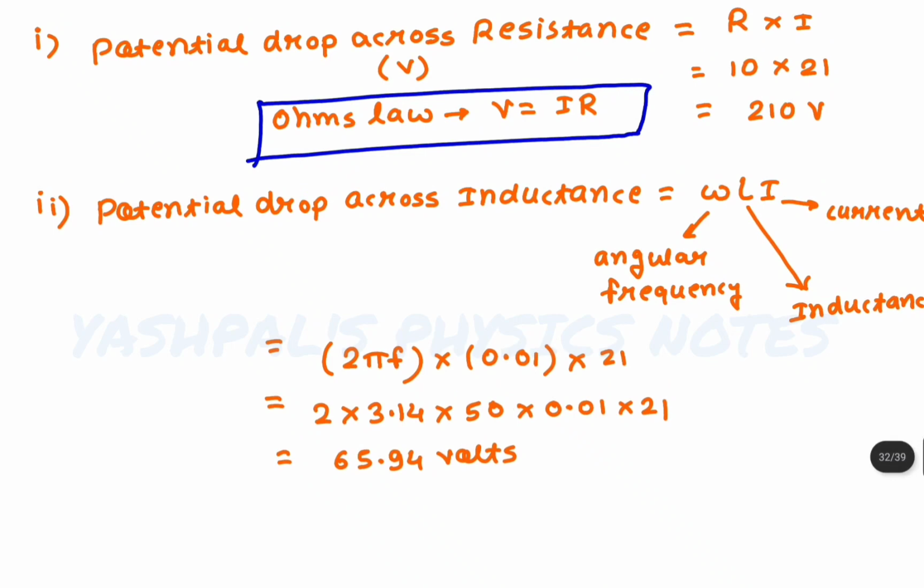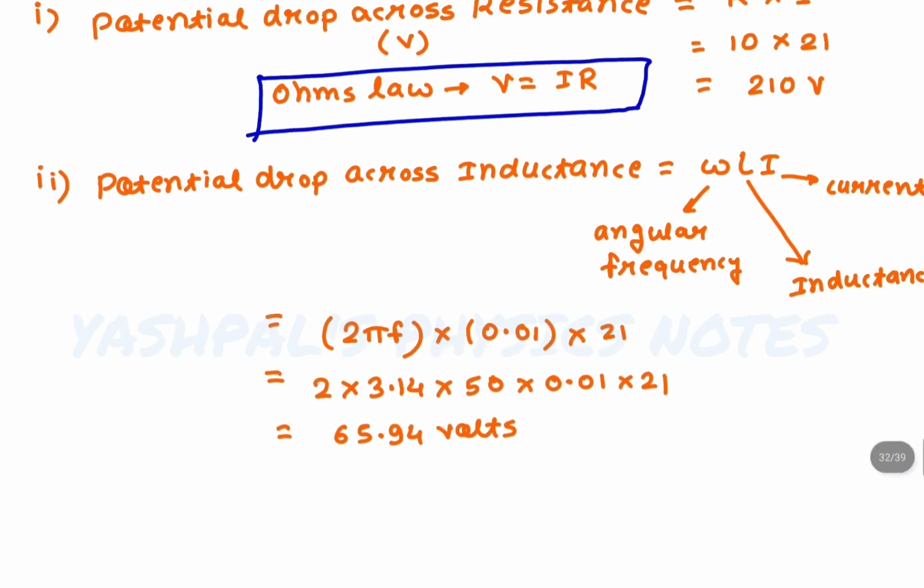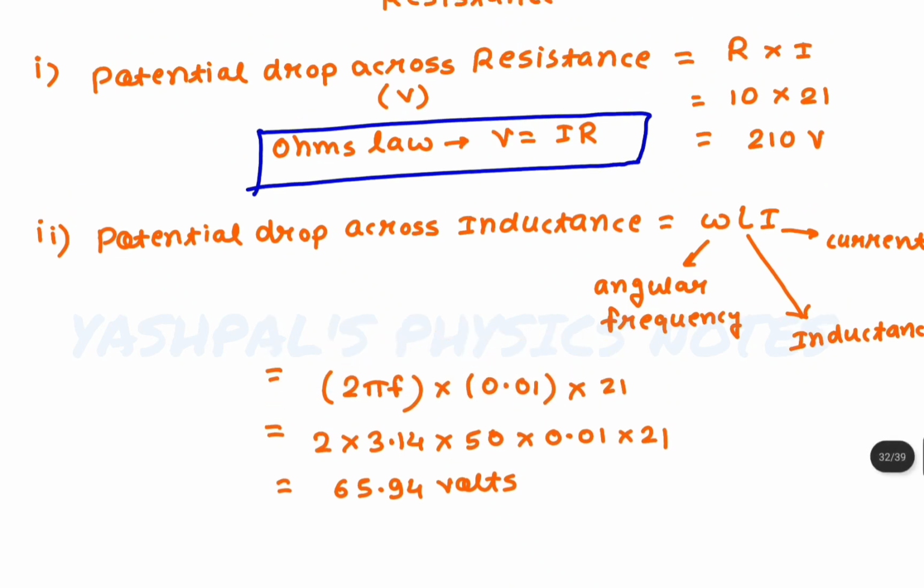Remember that potential drop means change in voltage, so the unit is volts. Don't forget to write the SI unit in your exams. Your marks will get deducted if you don't write the units.